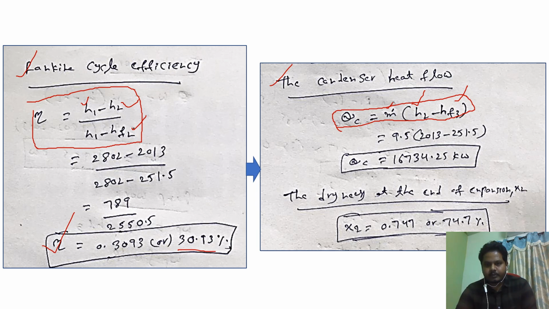Substitute all the values, and we will get the condenser heat flow, 16734.25 kilowatts. The dryness fraction, we already calculated, x2 equals 0.747 or 74.7%.